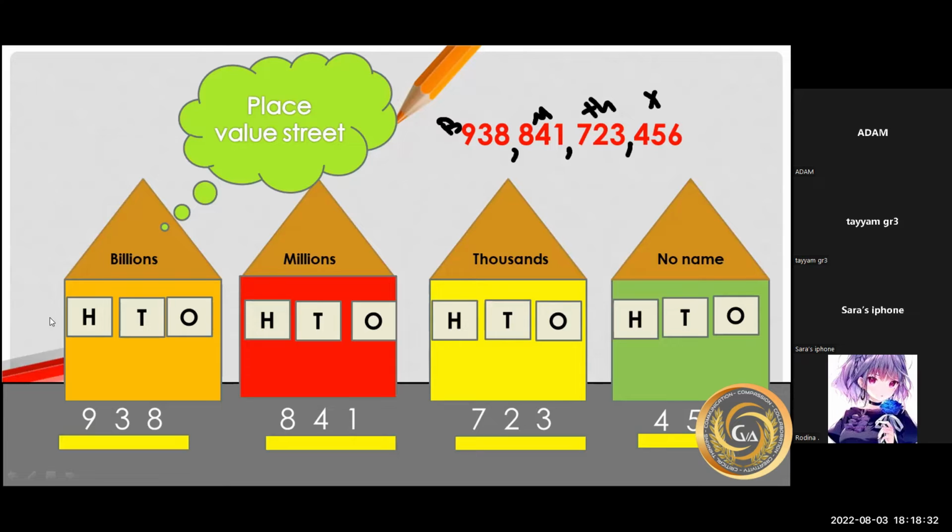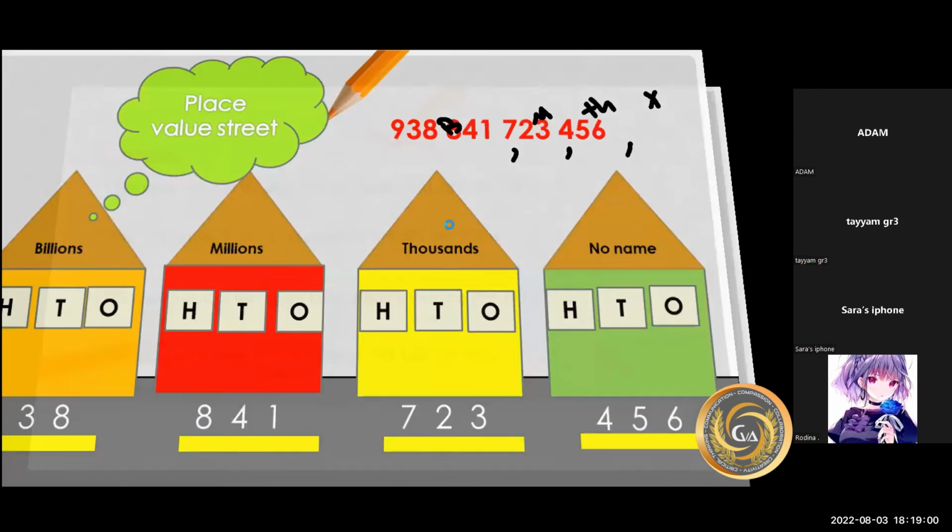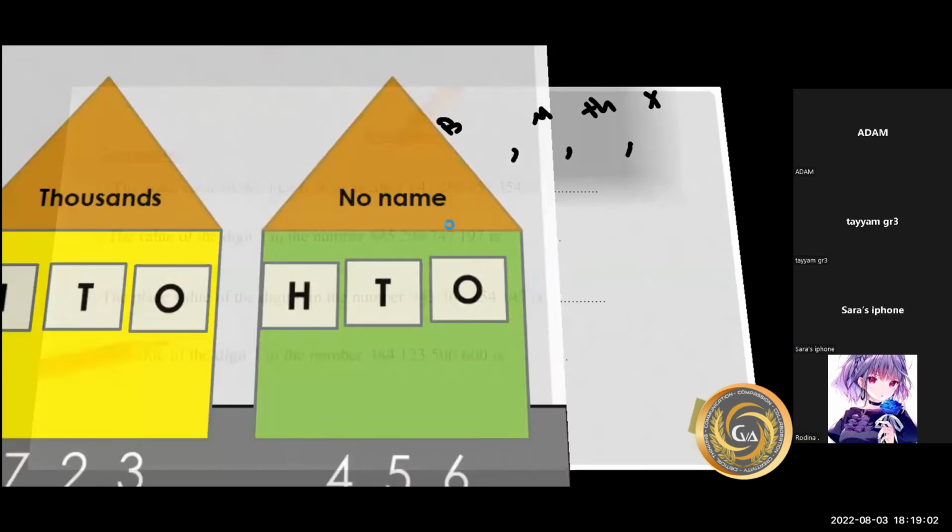Repeat, please: ones, tens, hundreds, thousands, ten thousands, hundred thousands, millions, ten millions, hundred millions, billions, ten billions, hundred billions. Okay, can you repeat after me? Please open your mic.